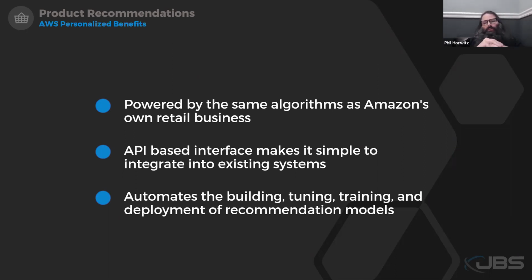So in addition to it being able to recommend products with a great deal of accuracy, it's very simple to integrate. It has a very standard JSON API that you can integrate right into your existing systems, or obviously incorporate into new ones that may be built. But it's a very low barrier entry to incorporate into your existing IT infrastructure.